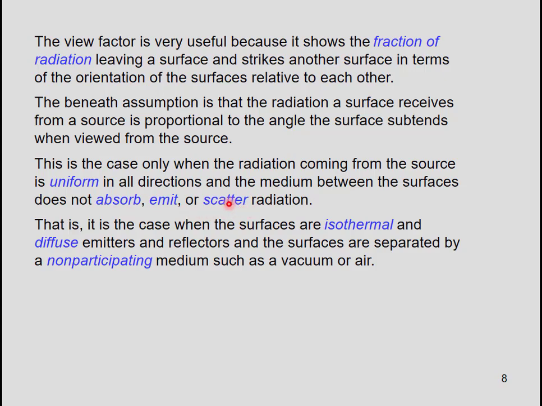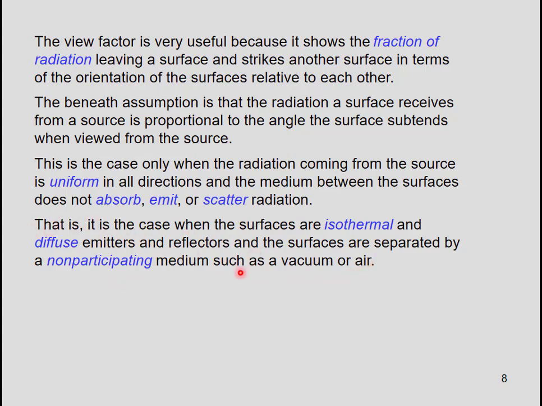The radiation from one surface to another should travel directly without any participating medium between them. A participating medium means something that can absorb, emit, or scatter the radiation. So it is the case when the surfaces are isothermal and diffuse emitters and reflectors, and the surfaces are separated by a non-participating medium such as vacuum or air.